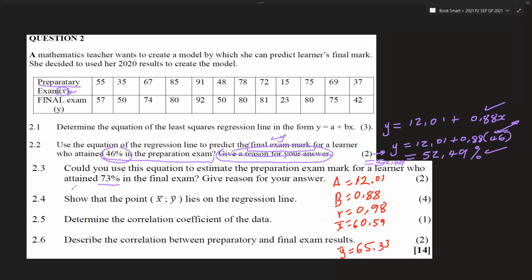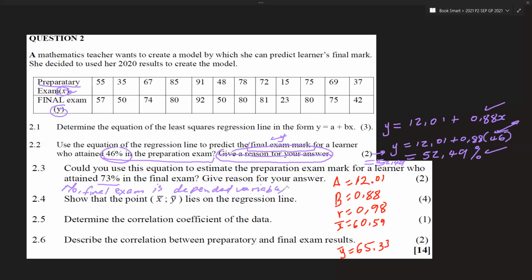But for this one, the answer is no. Why? Because the final exam is on the y-axis, so it's a dependent variable.